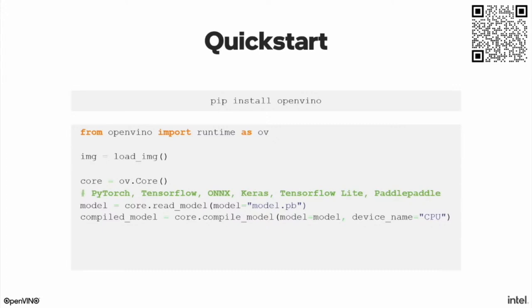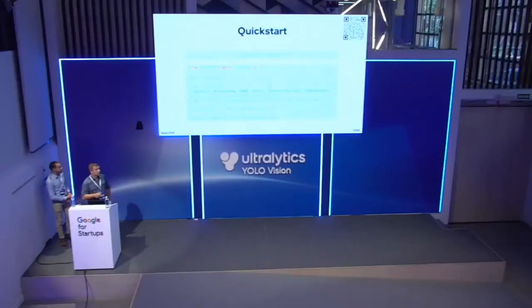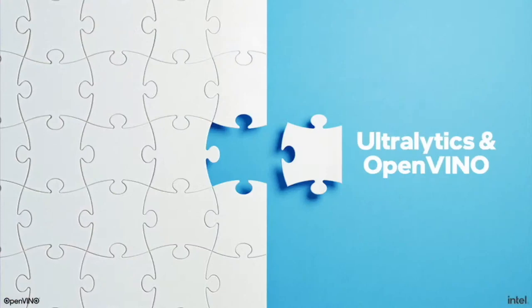It's just this device name. Then we specify the output layer, run inference, and get the result. So this is very easy. This example is with Python, but you can also use, for example, C++, which is very important. You can also use C++ for LLM models, and you can use JavaScript and some other languages. With that, let's hand over to Adrian and start with YOLO.